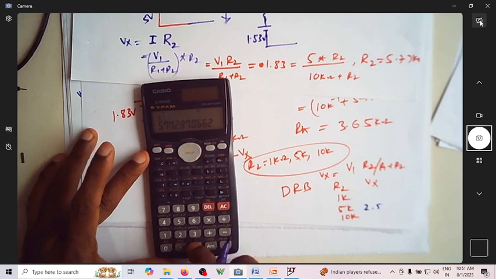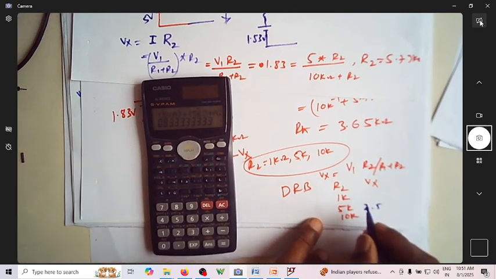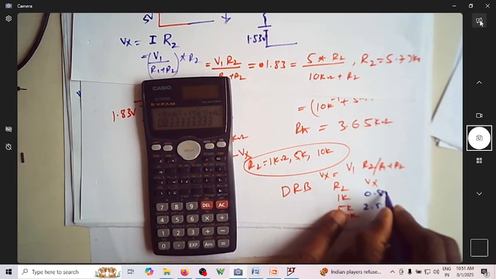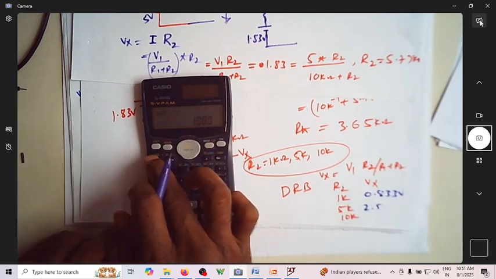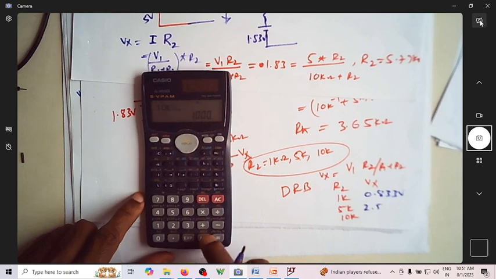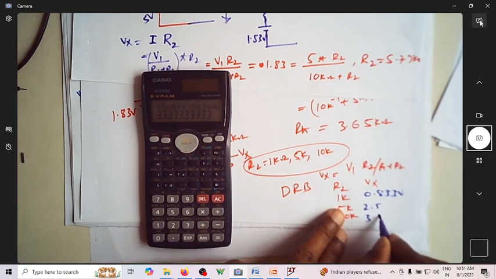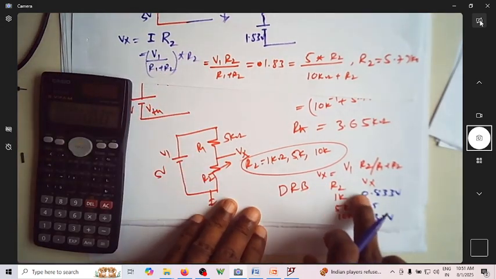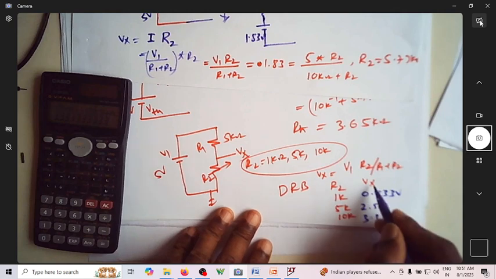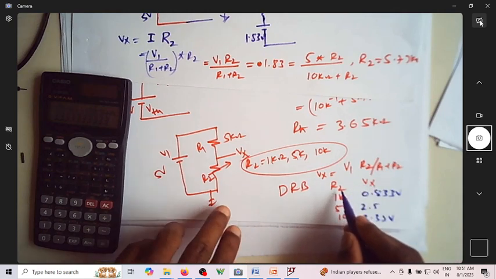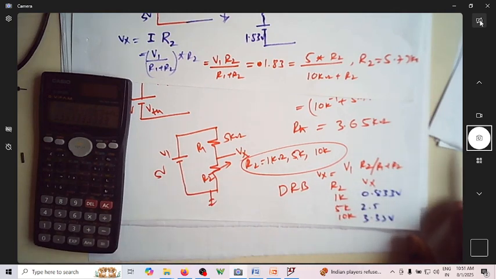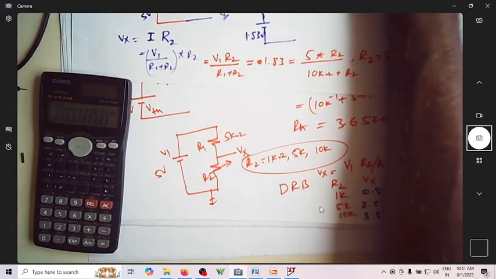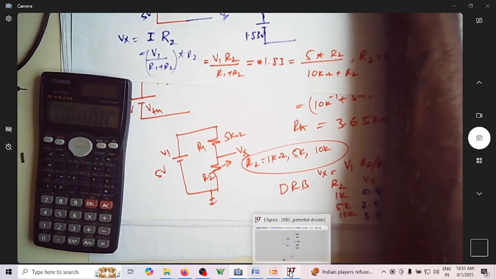Calculate for 1k, it comes out to be 0.833 volt. Calculate for 10k, it comes out to be 3.33 volt. So these are the voltages that we are supposed to get for an R2 of 1k, 5k and 10k. So let us go to this LTspice simulator.